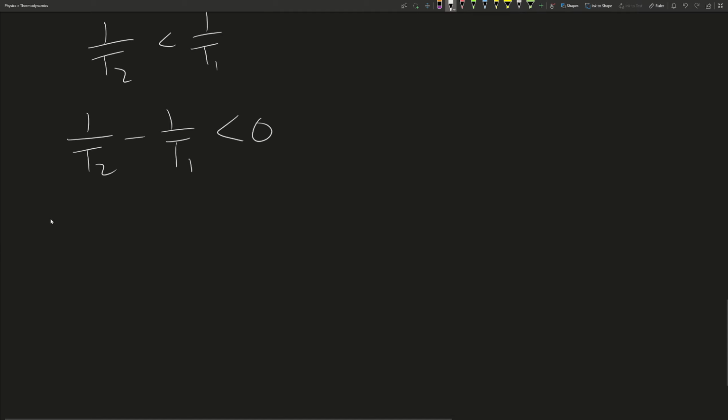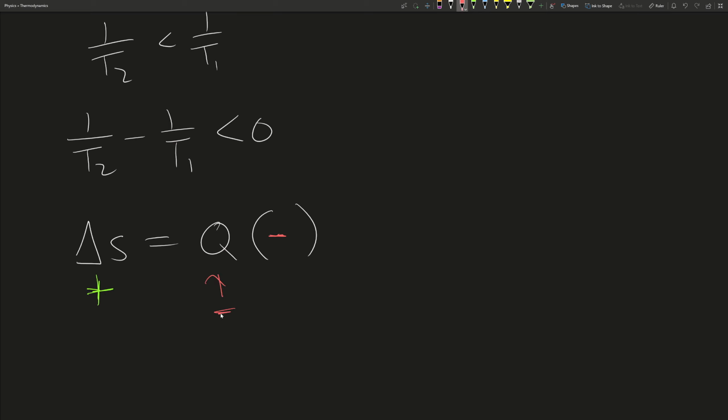So we have the change in entropy is equal to Q times some negative quantity. But we know that entropy here is positive. So that means that Q here must be negative as well.